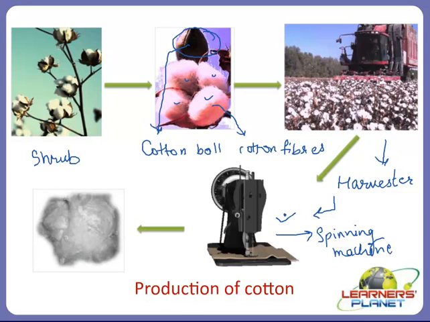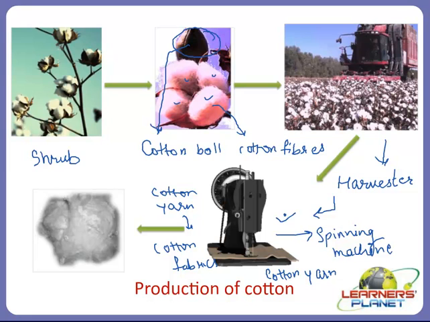A cotton yarn, right? I'm writing over here for you. It will form a cotton yarn, and yarn is then woven to make cotton fabrics. So finally, cotton yarn to cotton fabrics will be made.